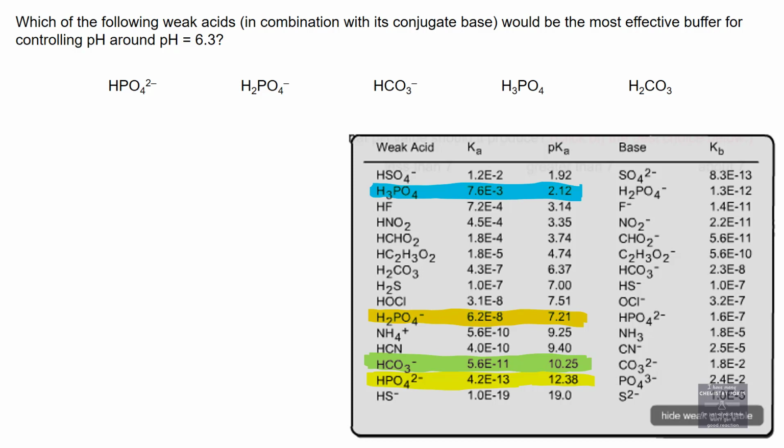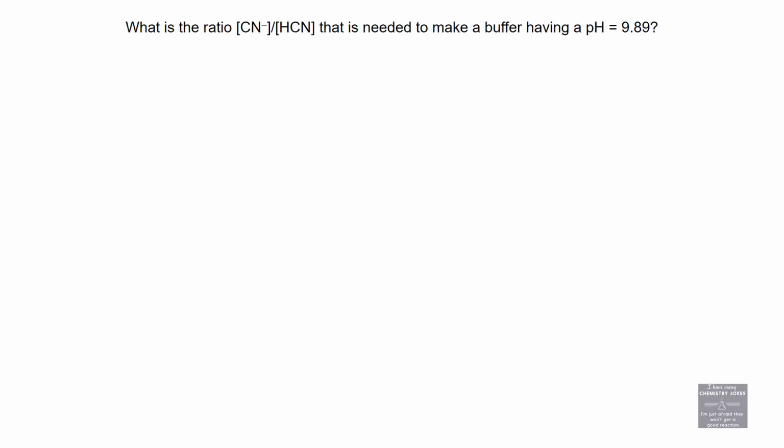And the last one, H2CO3, 6.3. I think we have reached our winner. H2CO3 is the right answer, because its pKa is 6.3, it's going to buffer really well around 6.3.